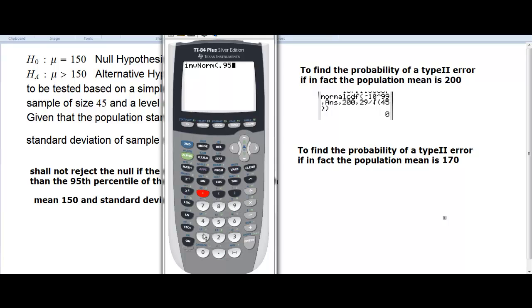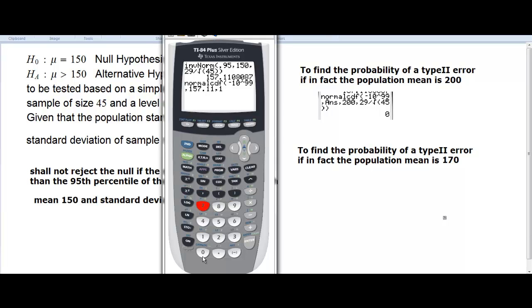We have this 150, and then 29 over square root of what? 45. Then we will take normal CDF, going just by the books here. I could have put second answer again, but I didn't, so let's not worry about it.